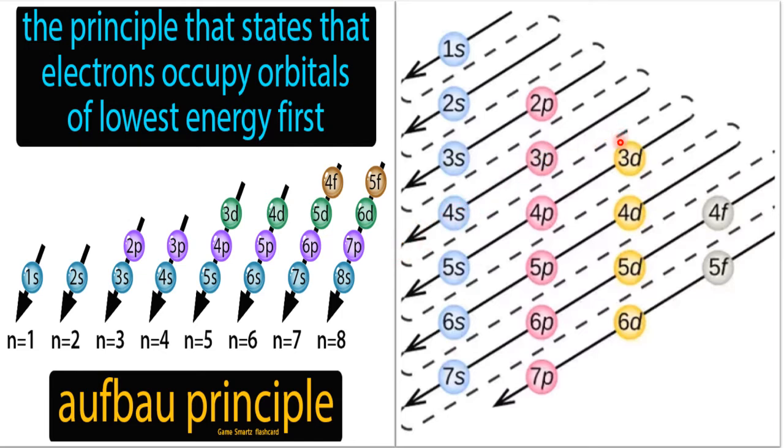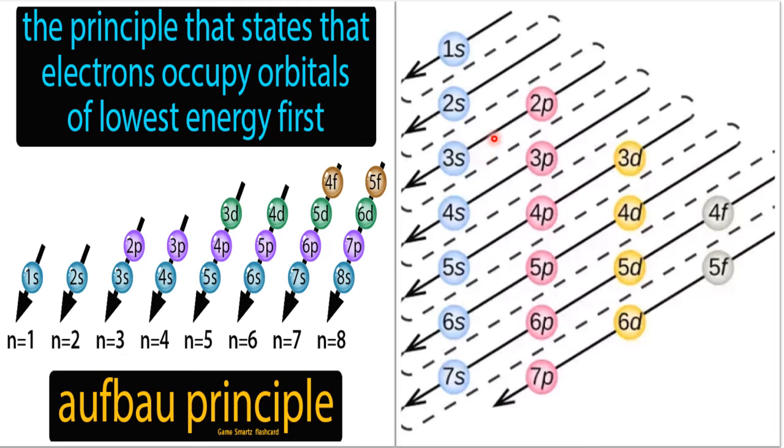Then 3d fills, then in the same line 4p fills, 5s fills, and go back. This will continue. This is arranged in the increasing order of energy level, means 1s, next comes 2s, comes 2p, comes 3s, and so on. So strictly according to the energy level this is made, and this is the Aufbau principle, to build up electrons.